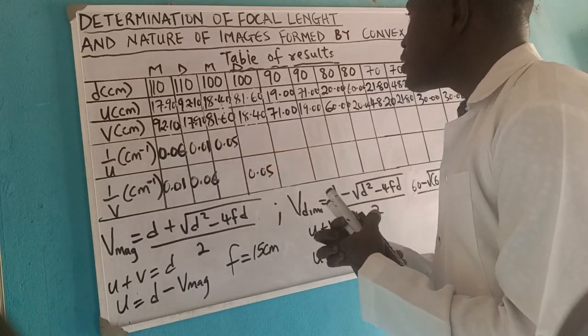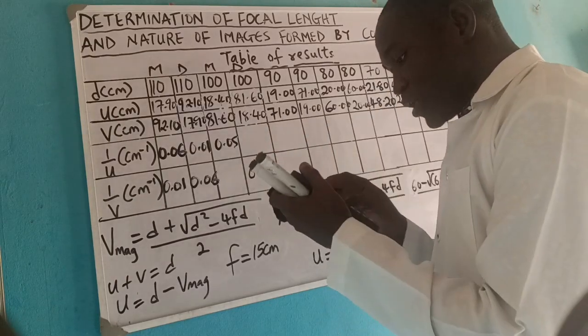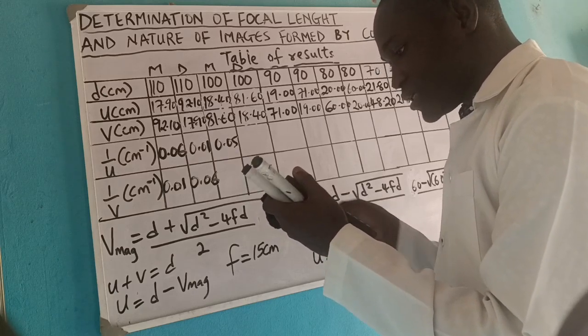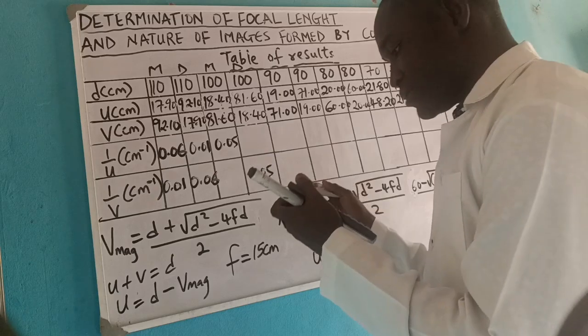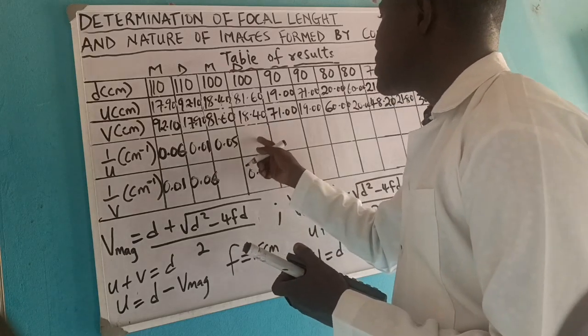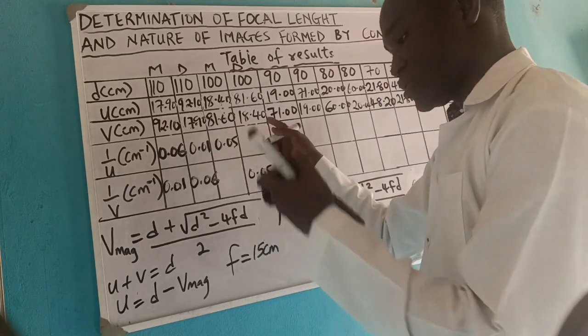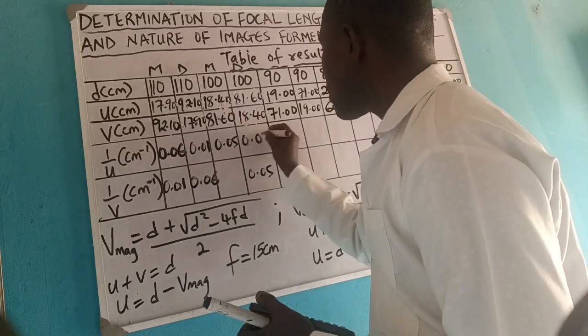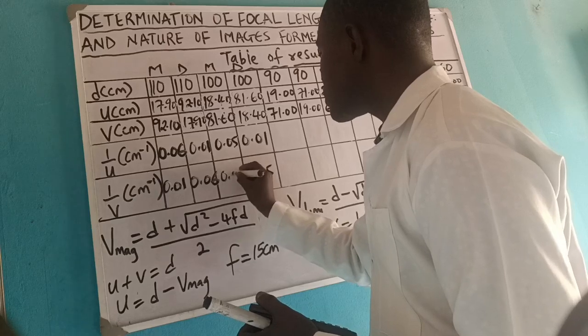Then 81.6 inverse is 0.01. 81.6 inverse 0.01.